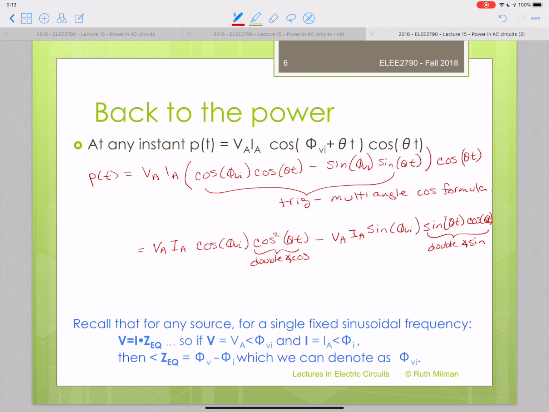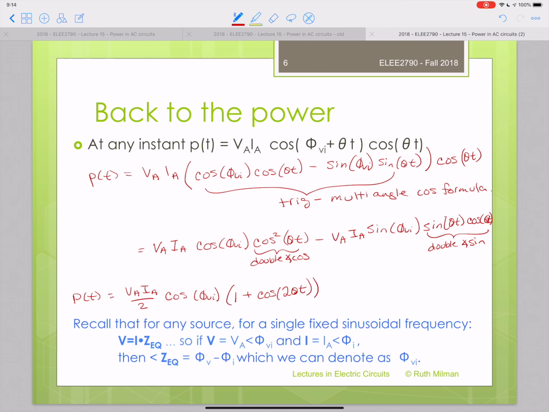As we do that, what we end up with is that power is equal to VA, the two amplitudes divided by 2, times the cosine of the phase shift, times 1 plus the cosine of 2 theta t. And now here is where we see that faster sinusoid coming in. And the 1, that's where we see our offset.